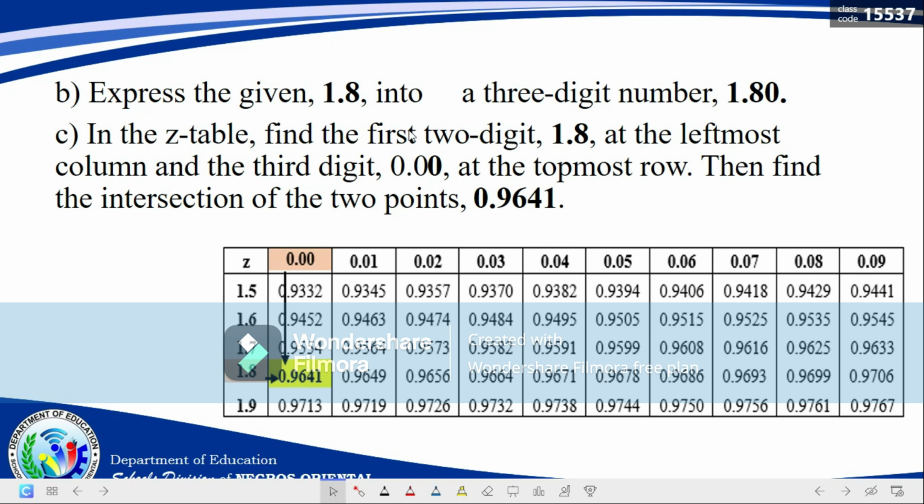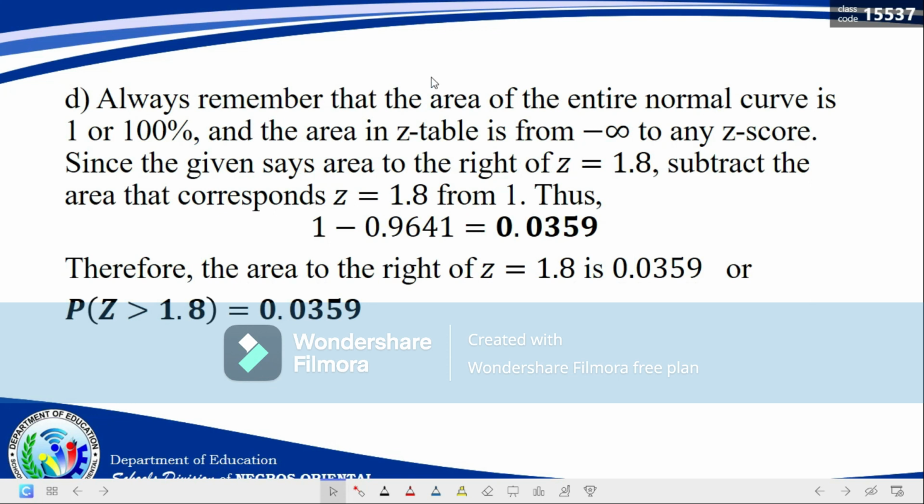In the Z table, find the first two digits 1.8 at the leftmost column and the third digit 0.00 at the topmost row, then find the intersection of the two points, 0.9641. Okay, always remember that the area of the entire normal curve is 1 or 100%, and the area in the Z table is from negative infinity to any Z-score. Since the given says area to the right of Z is equal to 1.8, subtract the area that corresponds to Z is equal to 1.8 from 1.